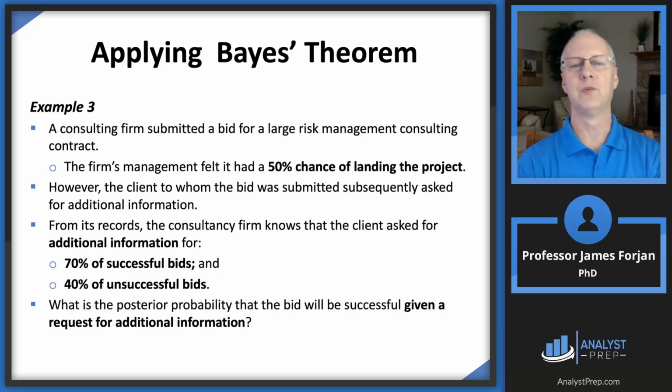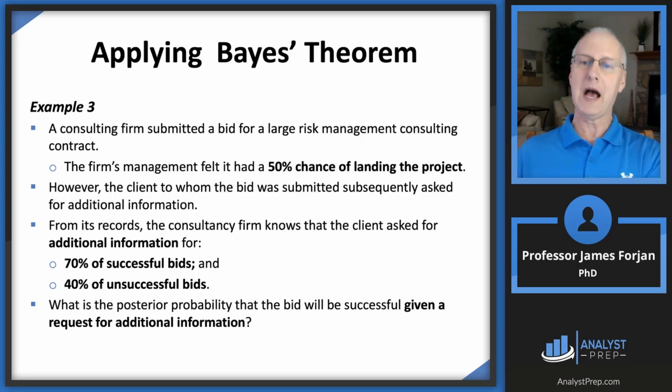Let's go ahead and do some more math here in example 3. All right, let's suppose we have a consulting firm bidding for a consulting contract. So the firm's management feels that it has a 50% chance of landing the project. However, the client to whom the bid was submitted subsequently asked for additional information. All right, so there's that 50% chance, but now the client has asked for more information.